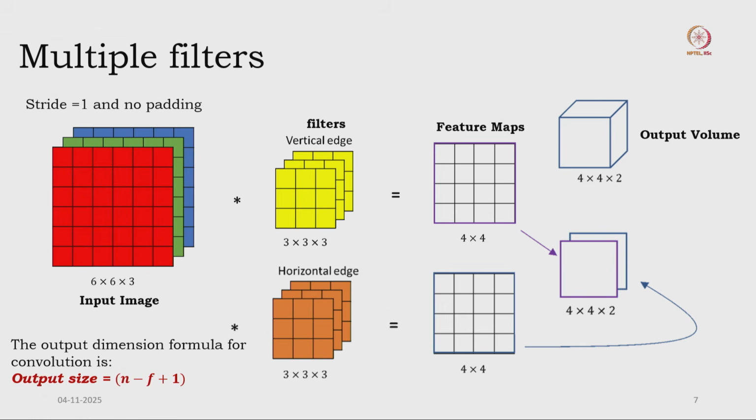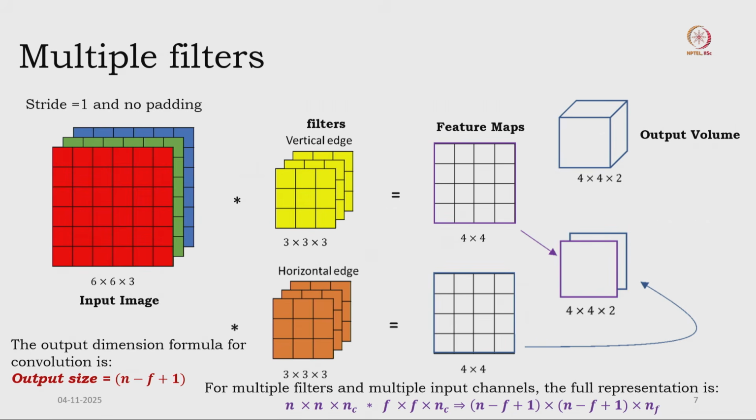The output dimension formula is n minus f plus 1, which is the output size. But now we are dealing with multiple filters and multiple input channels, so the formula will have a slight difference.